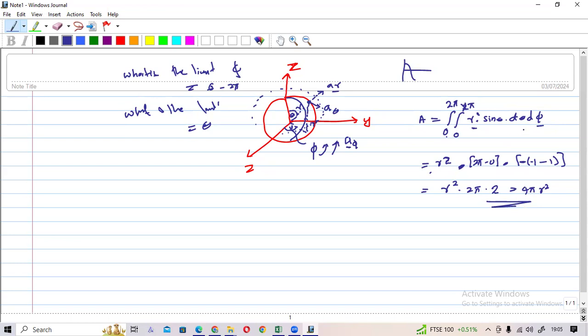So what you understand is you need to do the integration with respect to d theta and d phi. If you want to evaluate the surface integration of a cylinder like this, you should not integrate with respect to rho, but with respect to phi and z, dz.